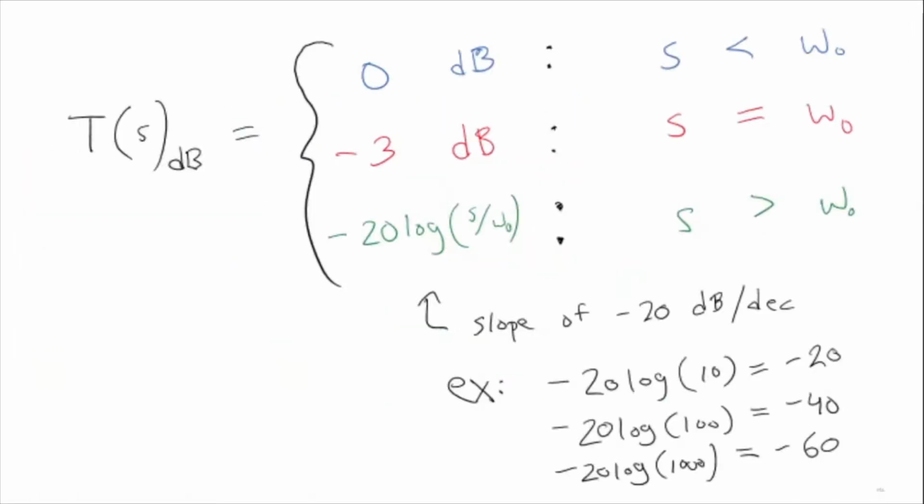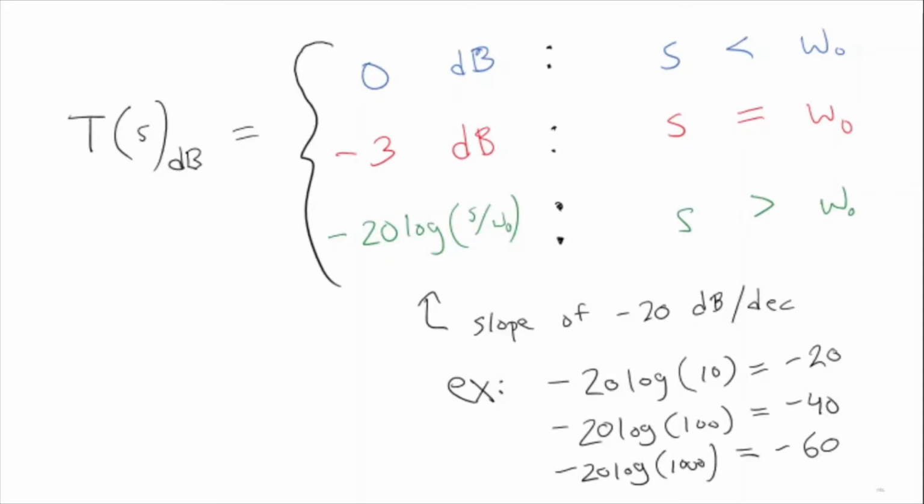When the frequency is much less than the break frequency, the s over omega naught will be a small number, close to 0. Try plugging in a very small number for s over omega naught into the transfer function from the previous slide and see what you get. You should get something close to 0.